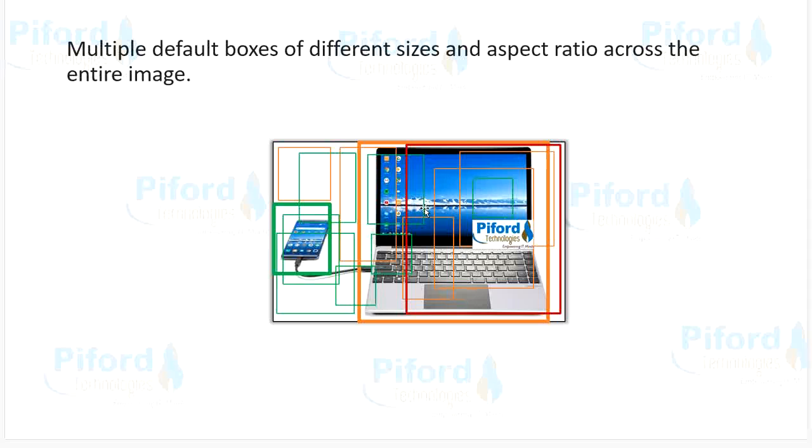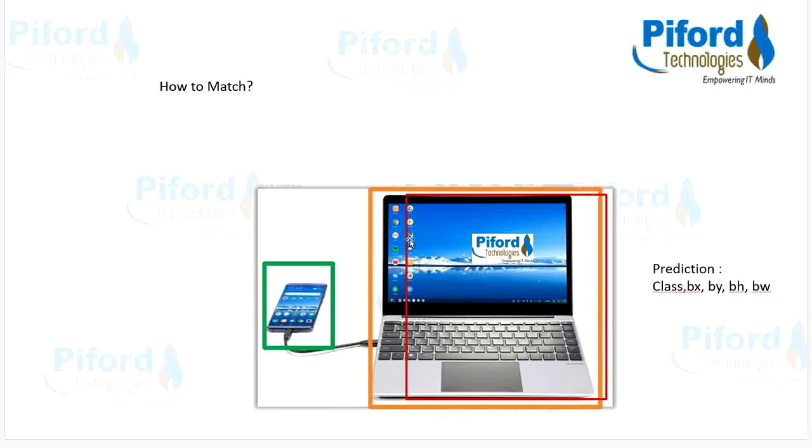Let me show you in the next image. If you see this maroon box, the bounding box, it has the highest overlap. We are using IOU, intersection over union, and with the help of IOU we find the box with the highest overlap and finalize it as the output out of those 8732 boxes.